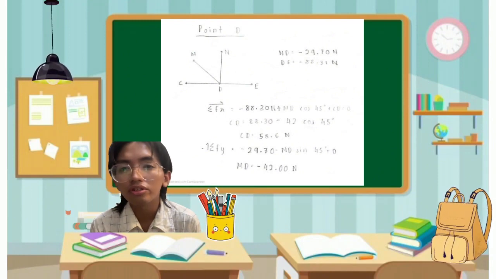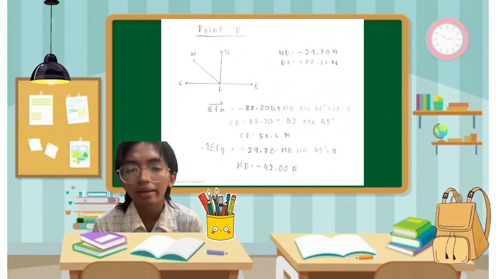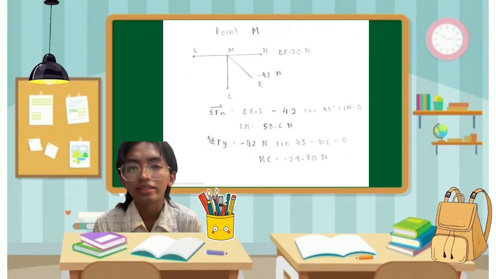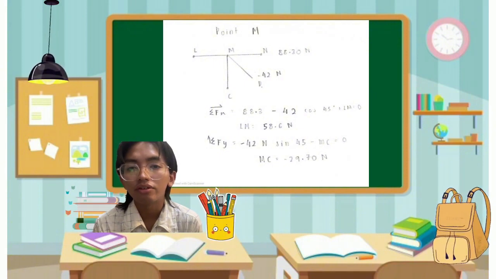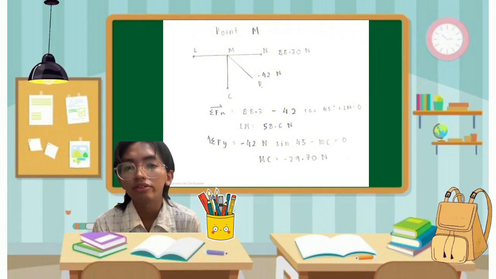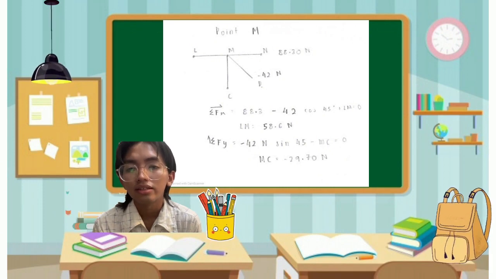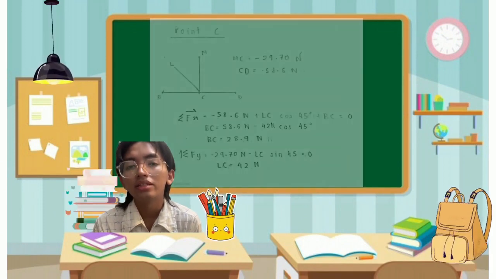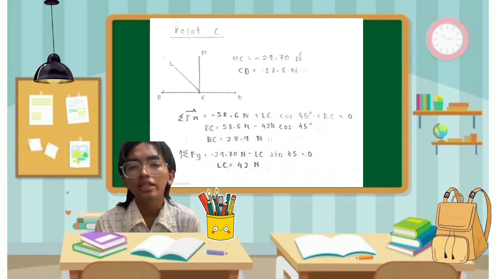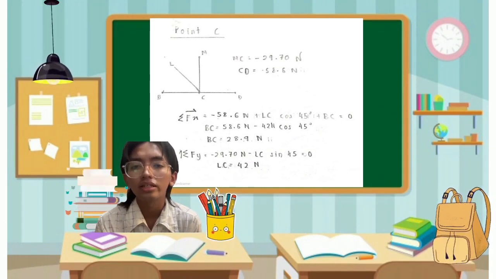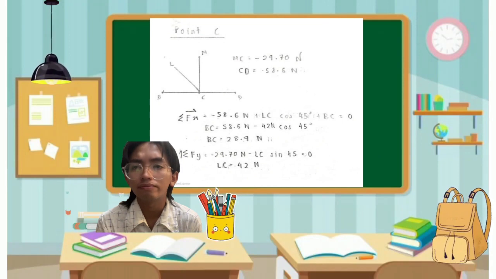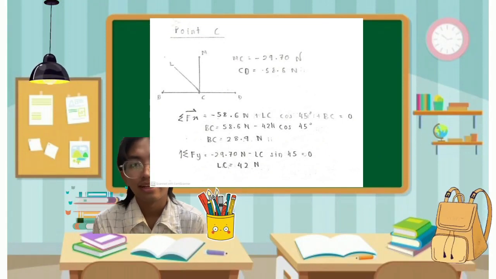We continue to calculate the truss forces with points M and C as reference. Thus, we gain the value of LM equal to 59 Newton, MC equal to negative 29.7 Newton, BC equal to 28.9 Newton, and LC equal to negative 42 Newton.